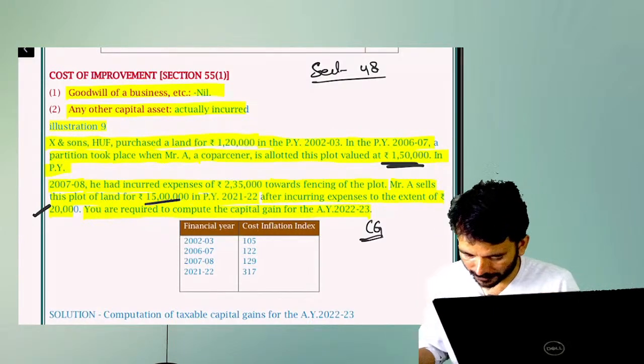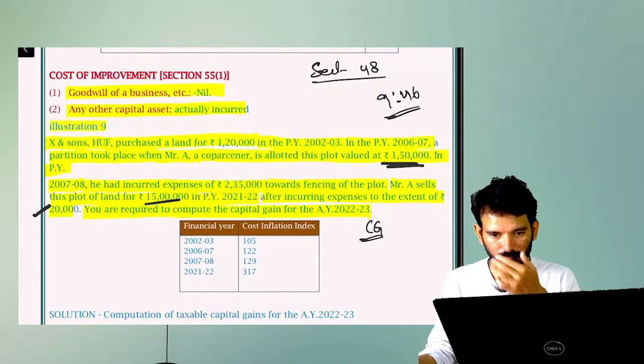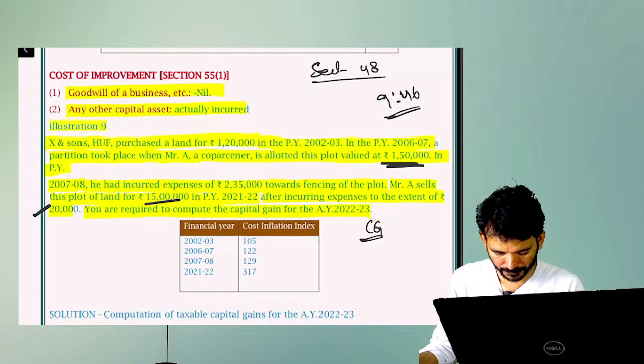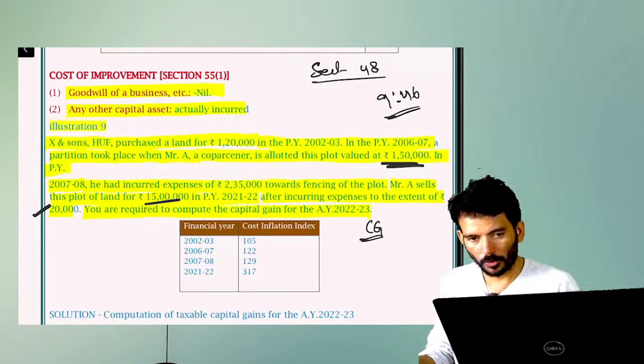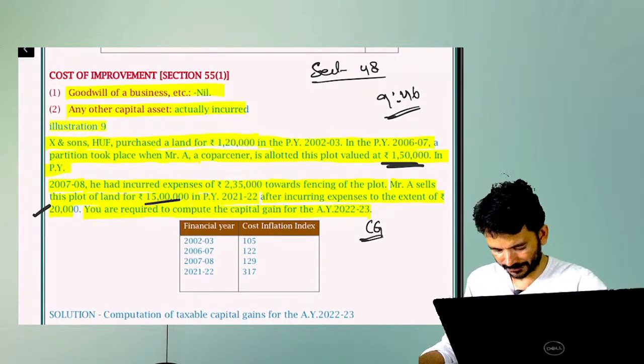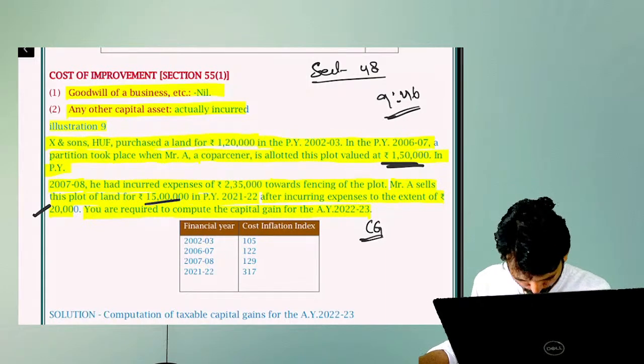I will wait till 9:46. 2 minutes. I know only few people are there, but let's give a try. I hope the question is visible properly on my mobile. It is visible. My mobile is a small mobile, so obviously it will be visible for you also.